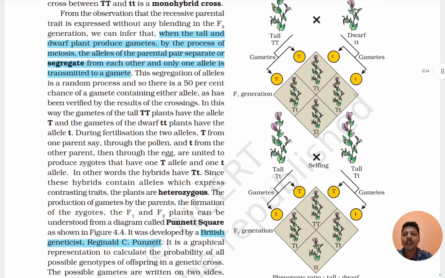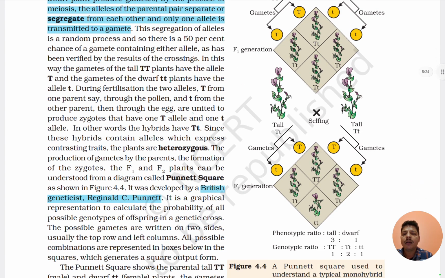And here you can see, if they are true or pure ones, then they have capital T or small t, that is pure tall and pure dwarf. And if they are impure, they will have capital T and small t. In other words, they are called hybrids. So if the hybrid contains alleles which express contrasting traits, that is called heterozygous.